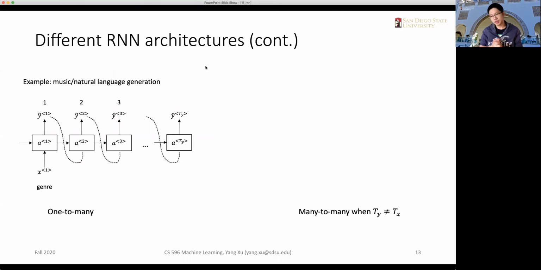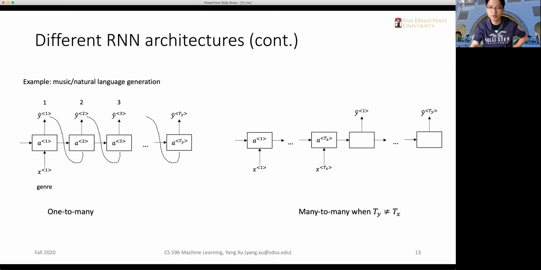So the last type of architecture is the many-to-many case, but the length of the input sequence and the expected output sequence are different.